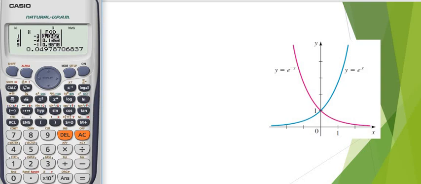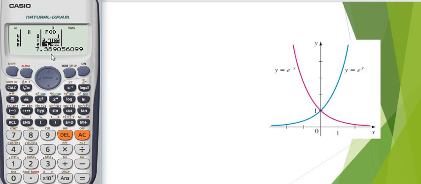When x equals -3, our value is 0.049. When x is equal to -2, f of x is 0.1353. When x is equal to -1, f of x is 0.3678. Continuing, when x equals 1, we have 2.718.